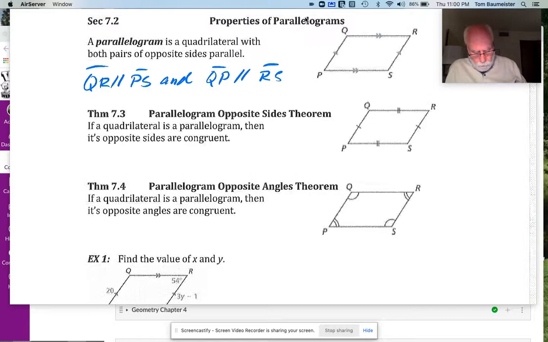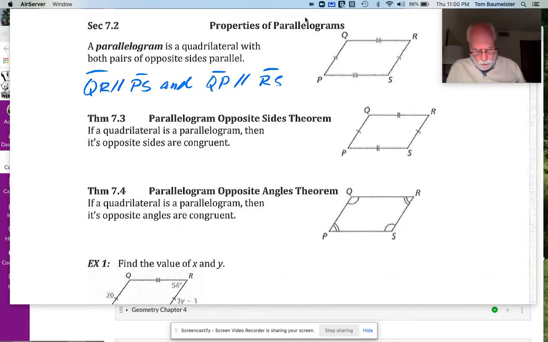The first one is the parallelogram opposite sides theorem. If a quadrilateral is a parallelogram, then its opposite sides are congruent. Again, if you look here, those are the same tick marks, and those are the same tick marks.